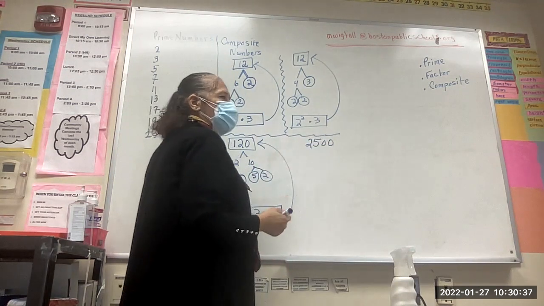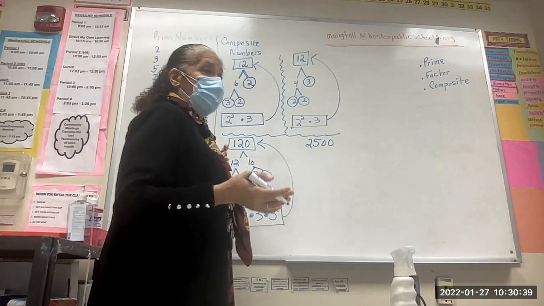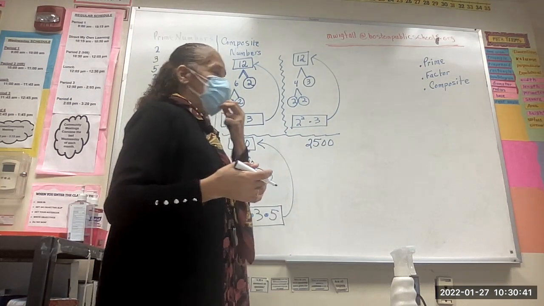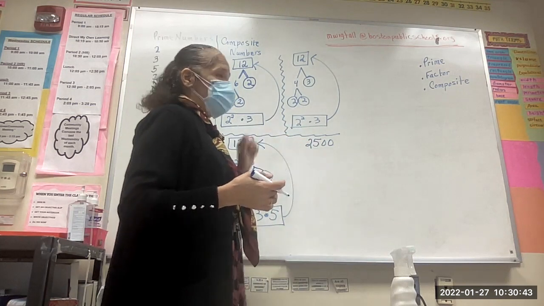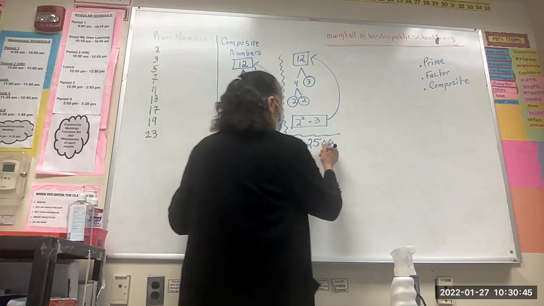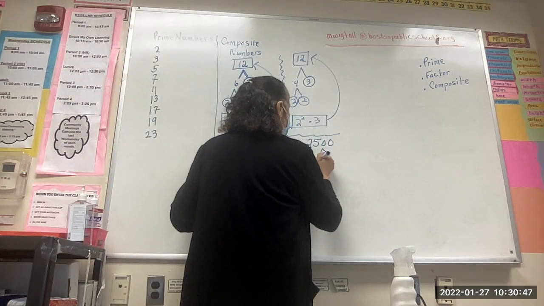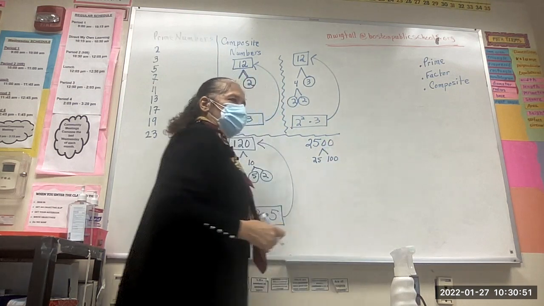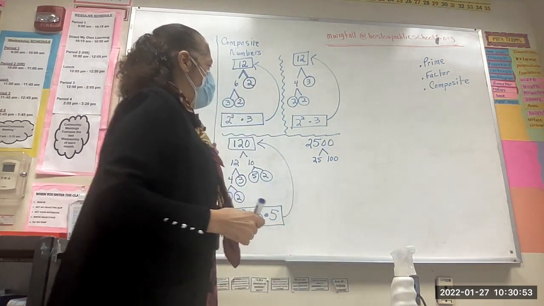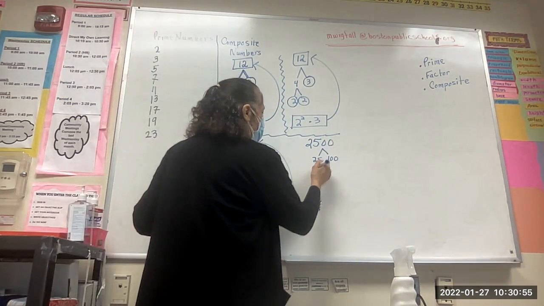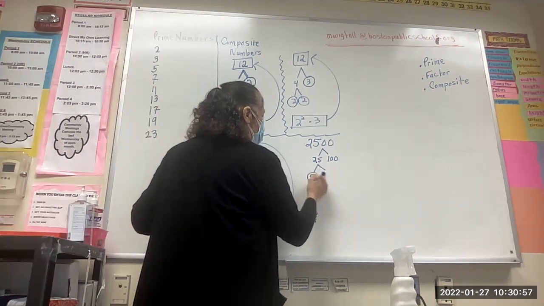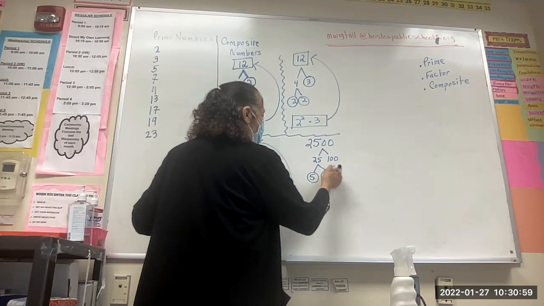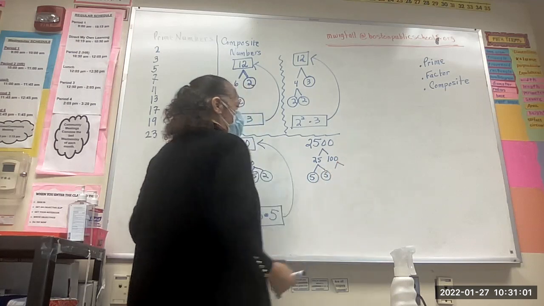But the 2 zeros, 10 times 10 is 100, tells you that it's 25 times 100. Okay, so I will factor it first as 25 times 100. I knew the 100 because of the 2 zeros. Now I can factor the 25 as 5 times 5. And then what can I factor the 100 as?